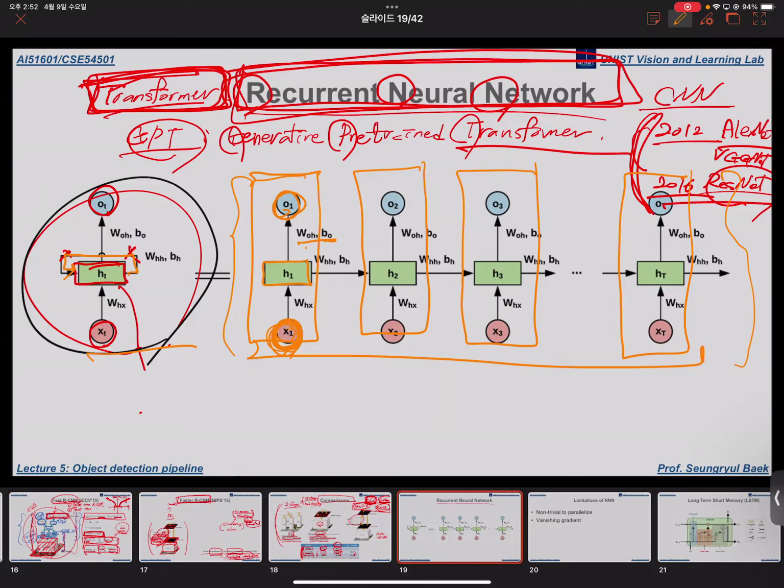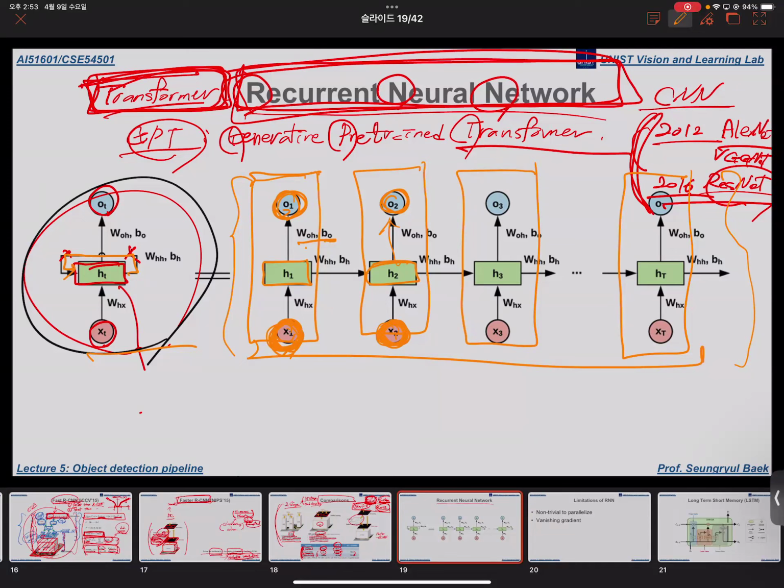But the difference is, let's say there are two sequential data having two time steps, okay, a two time sequence. Then independently applying these MLP layers to output for each independent input might be suboptimal.